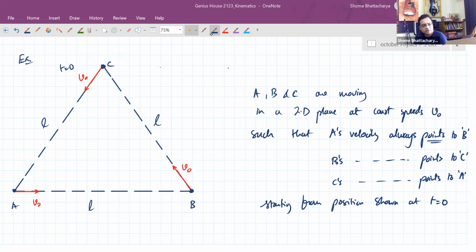Not exactly circular tracks, but yes, curved kind of paths, and yes, they will collide at the centroid simultaneously.